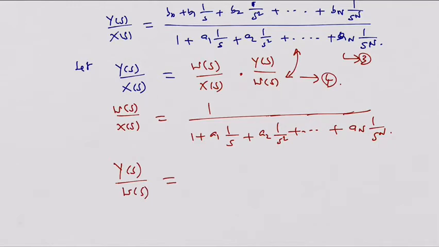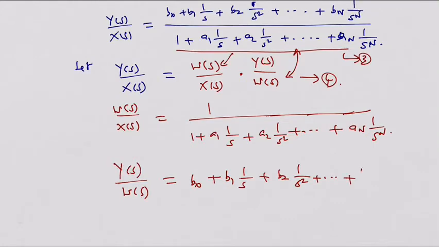When you imagine the denominator is equal to the first part, obviously the numerator will be y of s by w of s. So y of s by w of s is equal to b naught, the first term, plus b1 1 over s plus b2 1 over s squared plus etc. The last term is bn minus 1 1 over s power n minus 1 plus bn 1 over s power n.